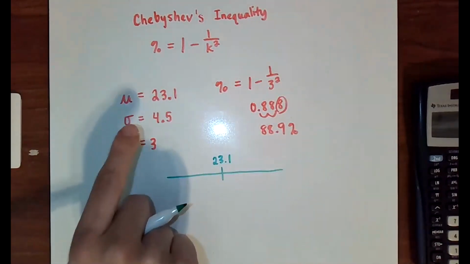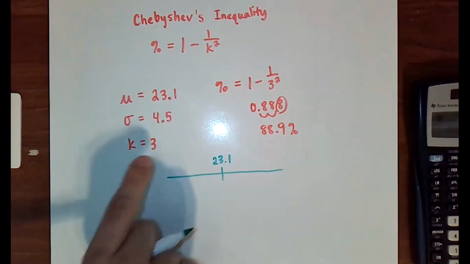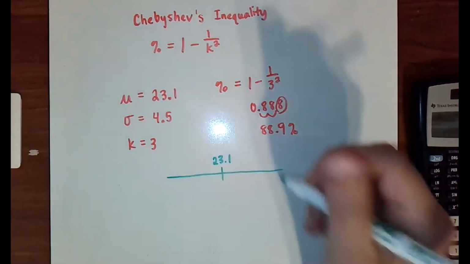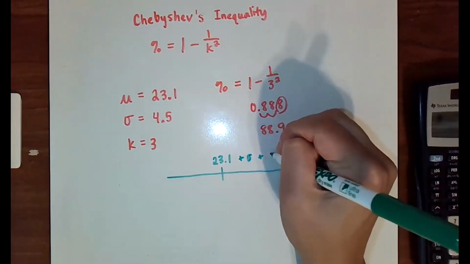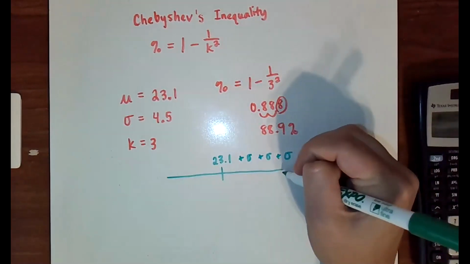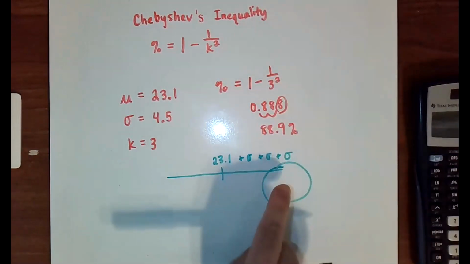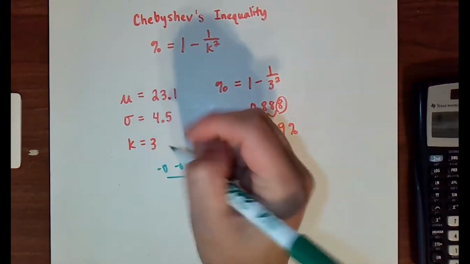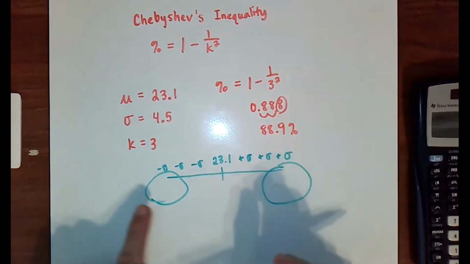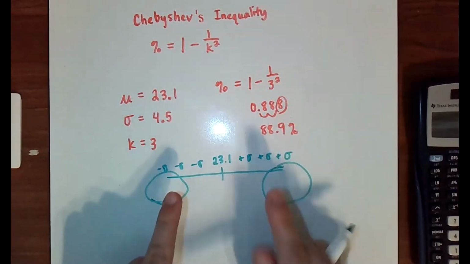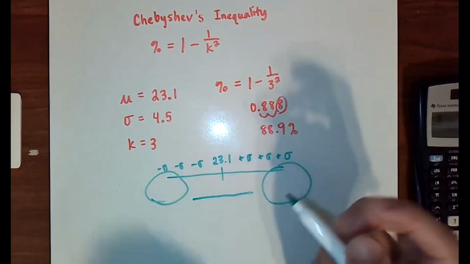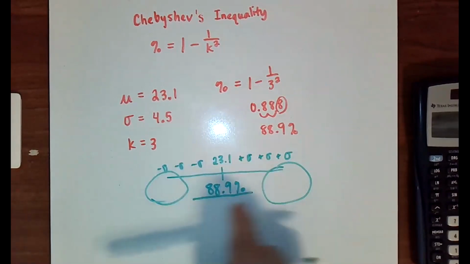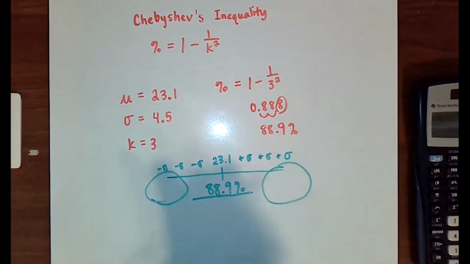Because they told us k is 3, we're going to take our sigma and add it 3 times. That gives us our data value on the right. And on the left, we're going to subtract sigma 3 times, and that gives us the data value on the left. So between these 2 data items, 88.9% of data, a lot of data, is falling between these 2 values.